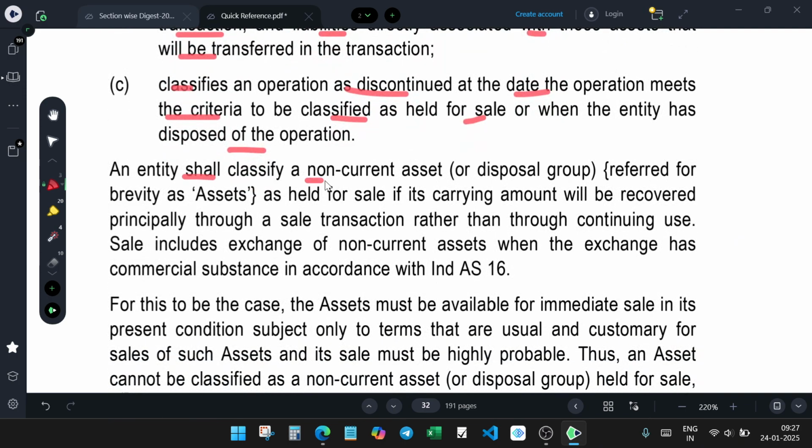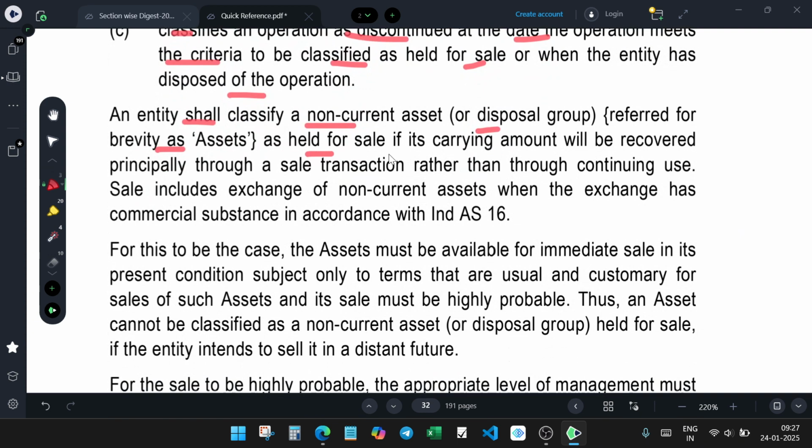An entity shall classify a non-current asset or a disposal group as held for sale if its carrying amount will be recovered principally through a sale transaction rather than through continuing use.